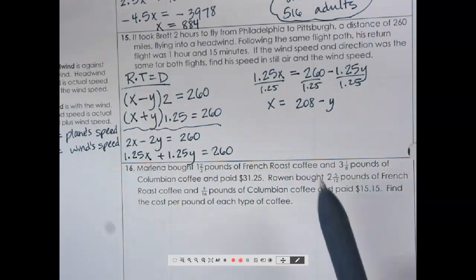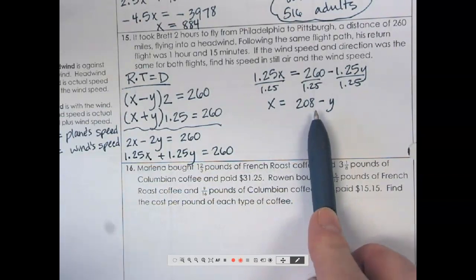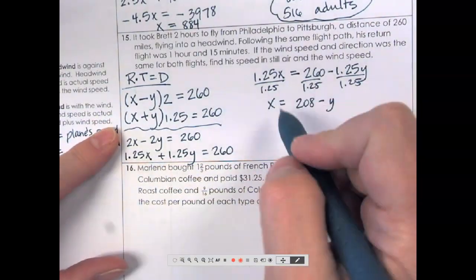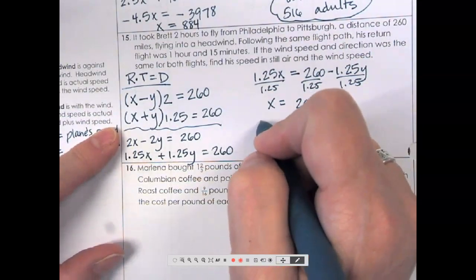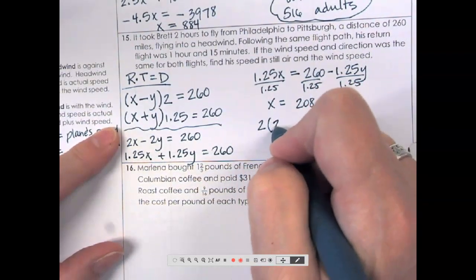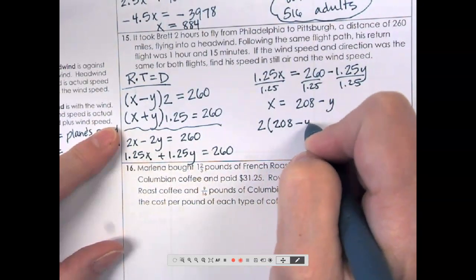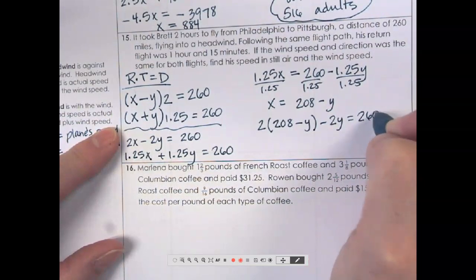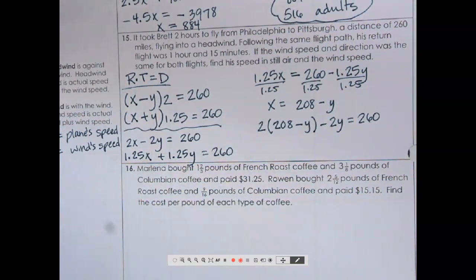Okay, so now I can take this and I'm going to plug it into the other equation. So I'm going to plug it into that top kind of easier looking equation. 2 in the place of x minus 2y equals 260. Distribute the 2, collect like terms. So let's solve it for y.